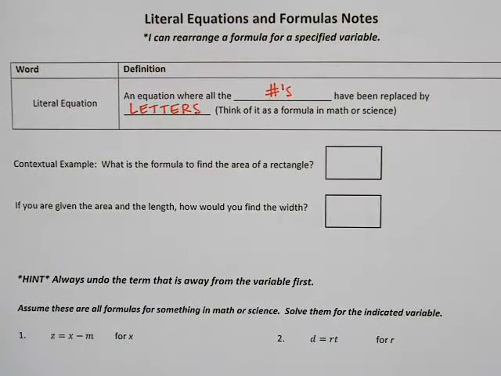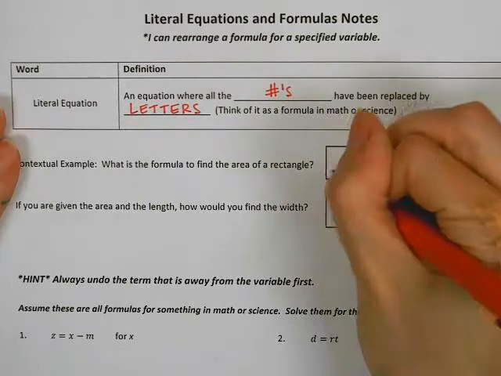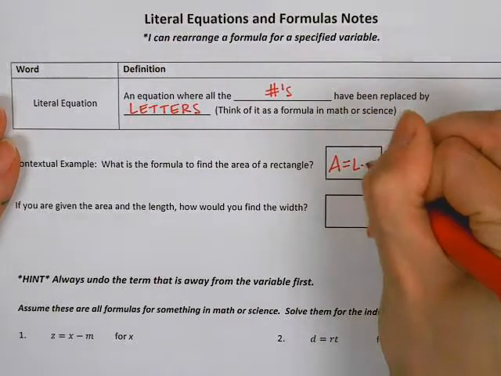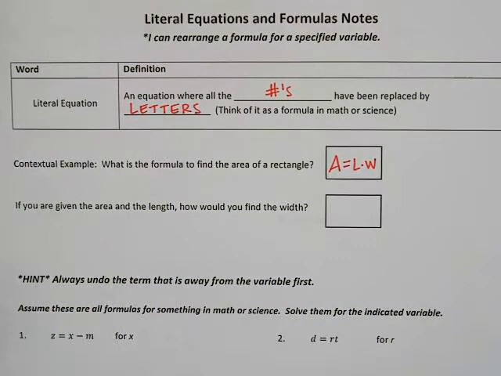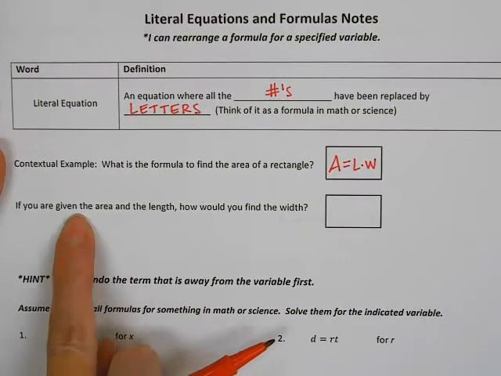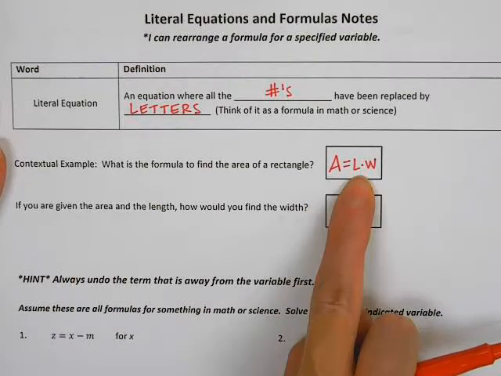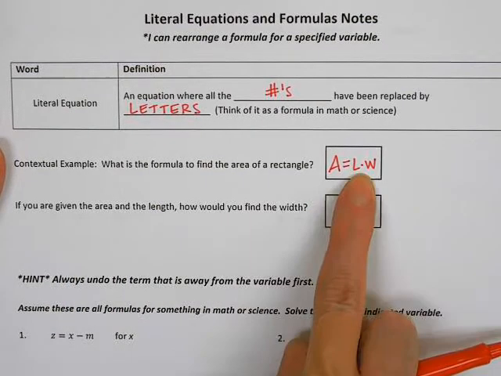Okay, so let me show you guys an example of what I mean. Does anybody know the formula to find the area of a rectangle? The area of a rectangle is length times width. I would think you guys know that. So the question is, let's say you're given the area and the length, how would you find the width?